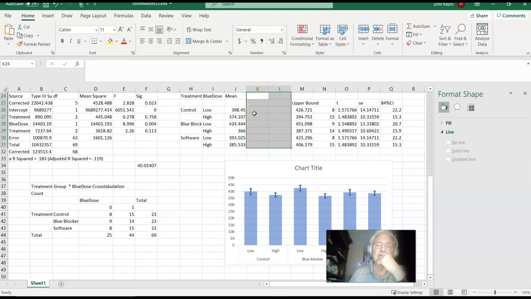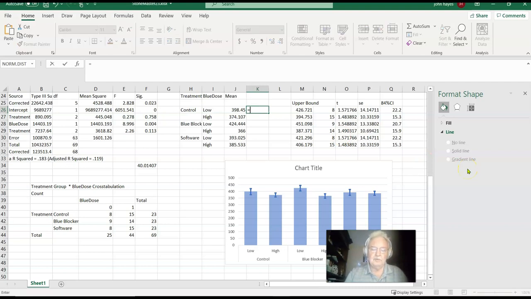And so remember, let's take control versus low and high. So here we have equals, or no, we're going to do high. Sorry. We want to look at control high versus blue blocker high.